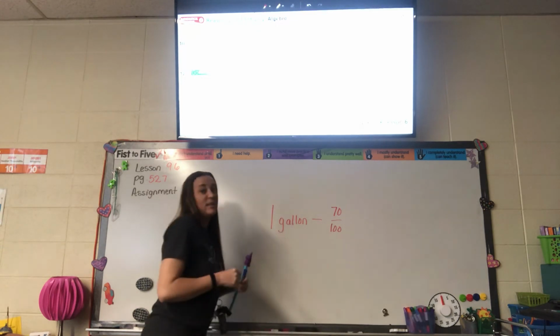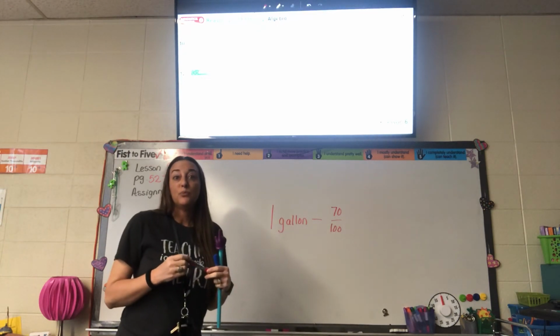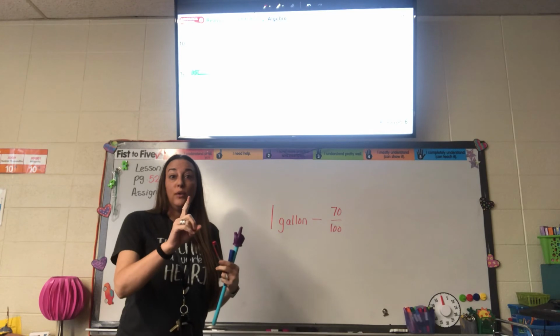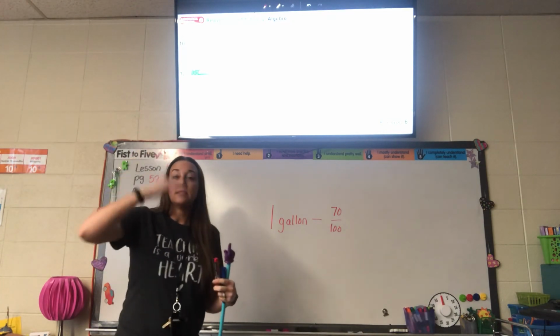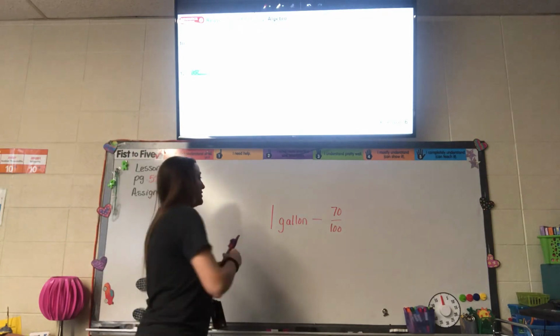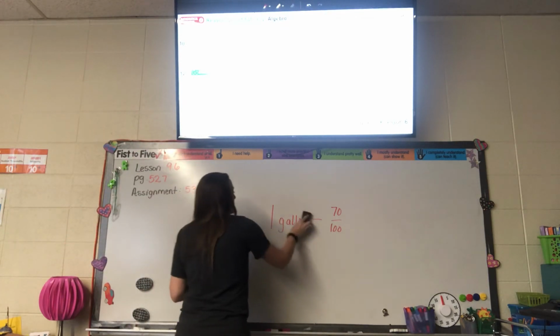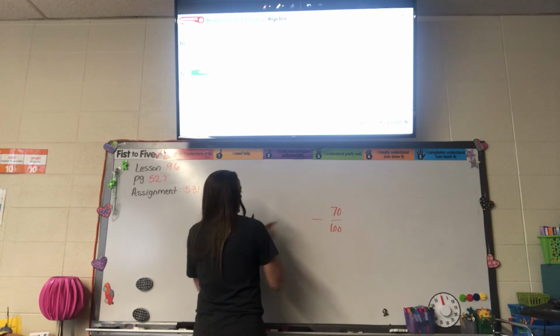Well, we talked about this when we were learning about fractions. We can turn that 1 whole into a fraction that has the same numerator and denominator. So we know we're dealing with hundredths here.